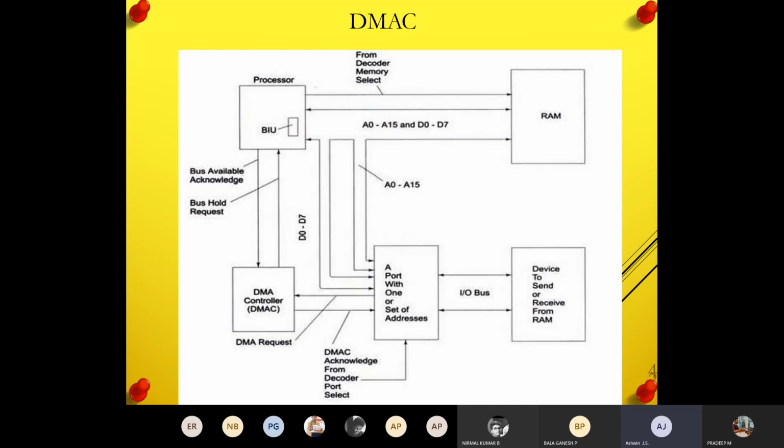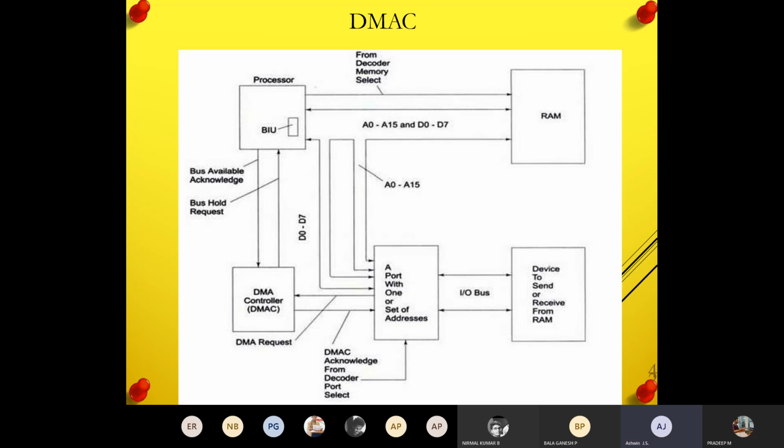Previously we saw the diagram. The same thing is represented here in an elaborated manner. Here the DMA controller is there, and the bus interface unit, and a port with one or a set of addresses, which is the port available in your microprocessor, and additionally a device to send and receive from the RAM. These are the hardware. In your laptop you have the USB port, right?